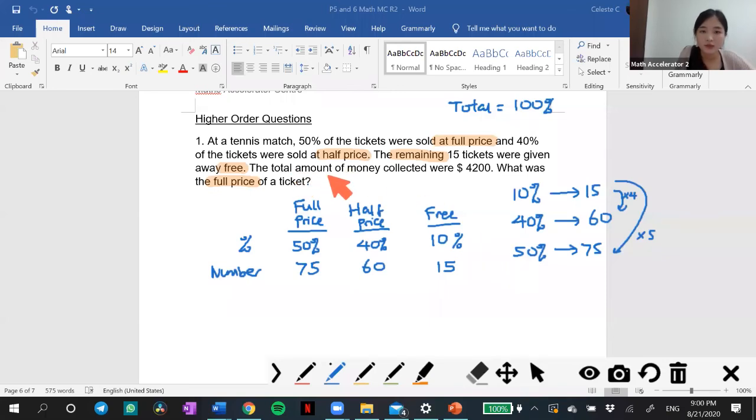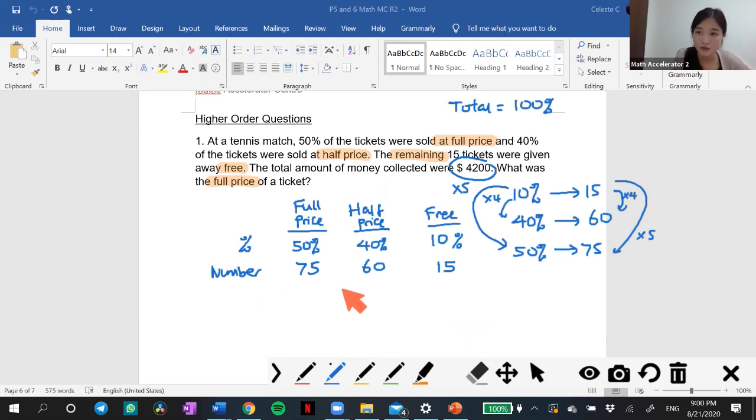Okay, and they told us the total amount of money collected was this much. You look at the working here. 60, because 10% to 40%, you have to times 4. So both sides also must times. Here. If I write this like that, you should be able to get it.